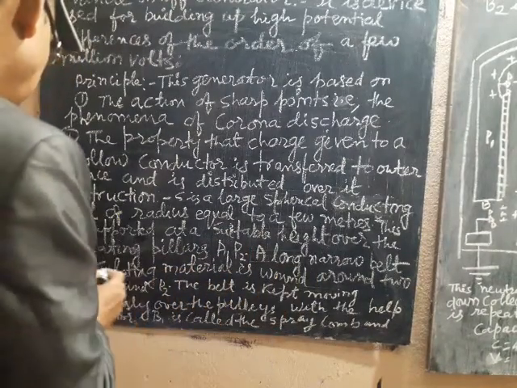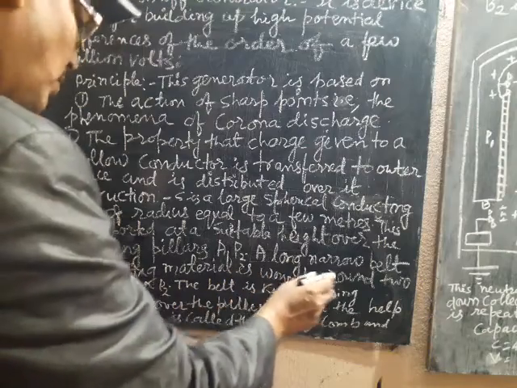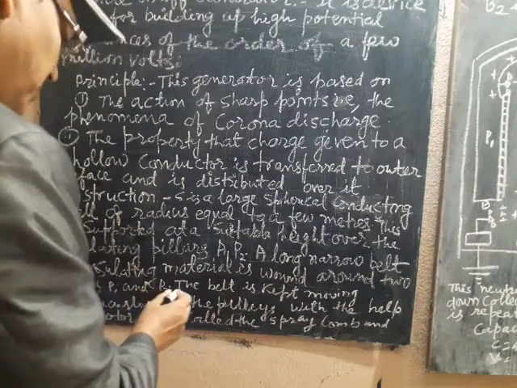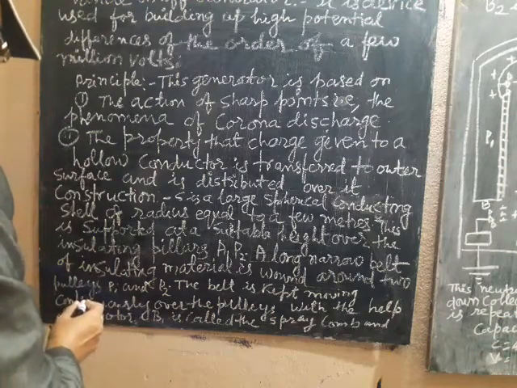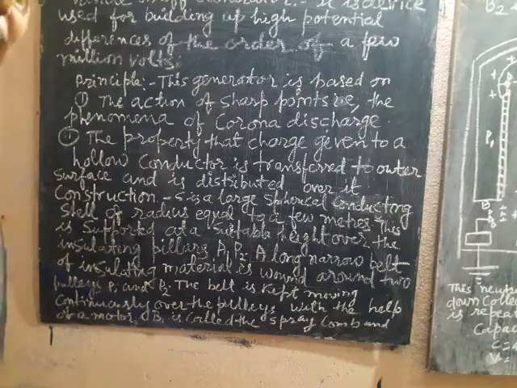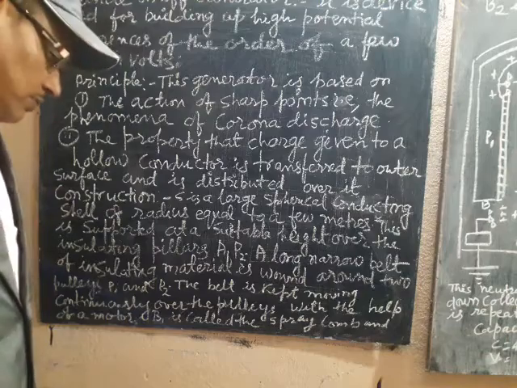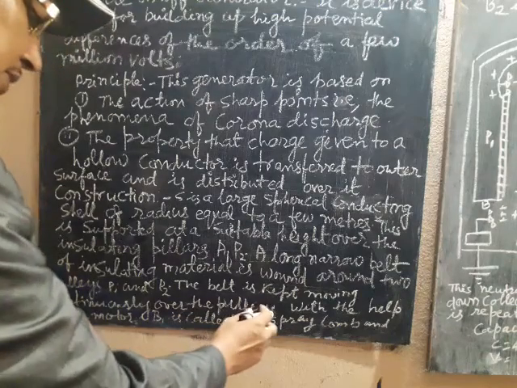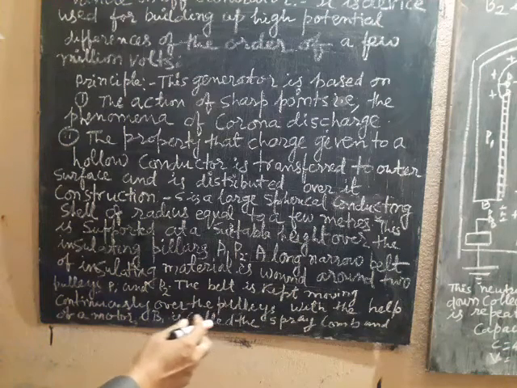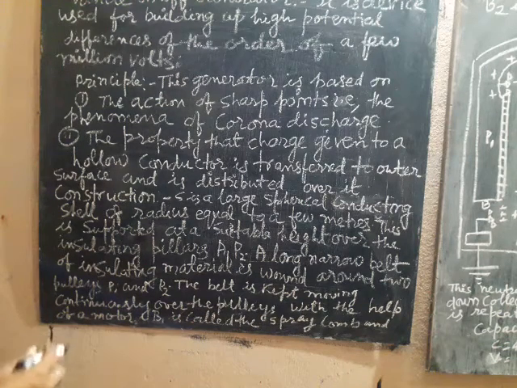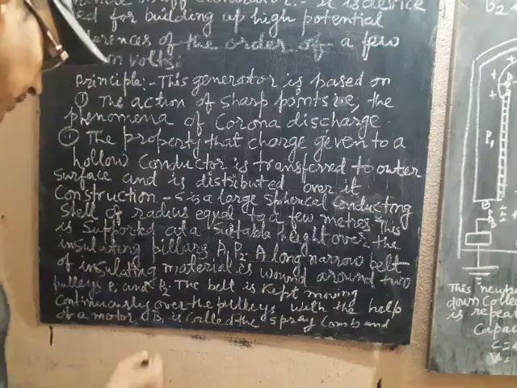A long narrow belt of insulating material is wound around pulleys P1 and P2. The belt is kept moving continuously over the pulleys with the help of a motor.